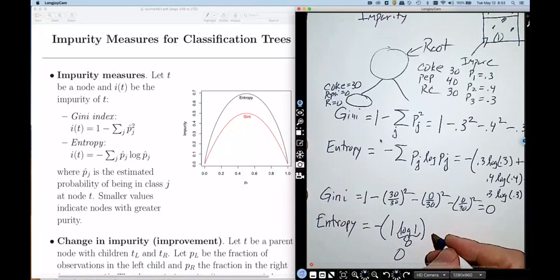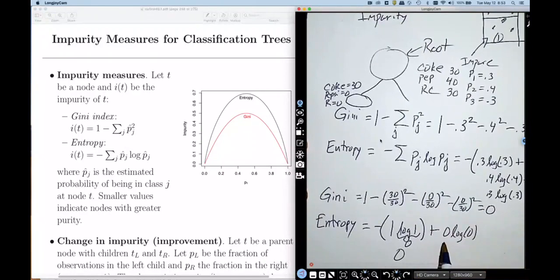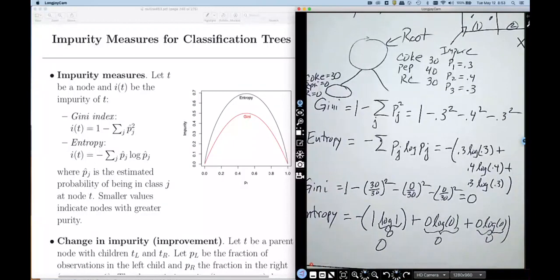Then I would have plus 0 times the log of 0. We're going to go to 0 faster than the log goes to 0, and so we're going to call this 0. Likewise, 0 times the log of 0 would be 0, and we would end up with a 0. So whenever we end up with 0% in one, we take 0 times the log of 0, and we call that a 0.